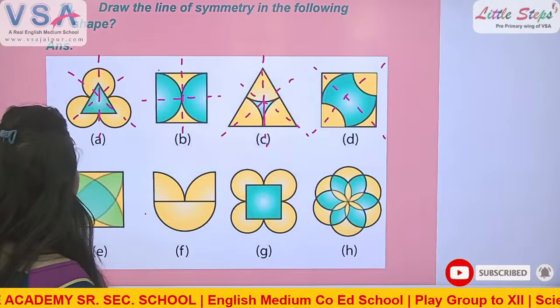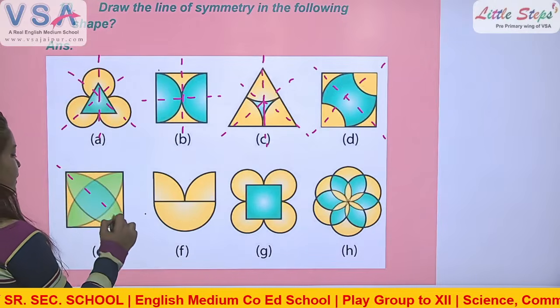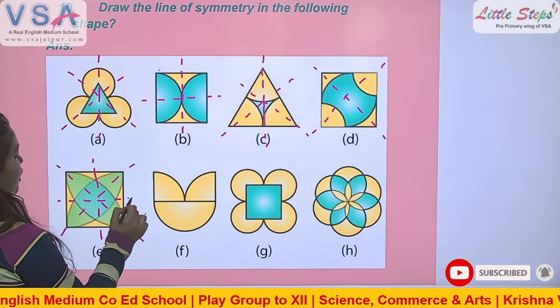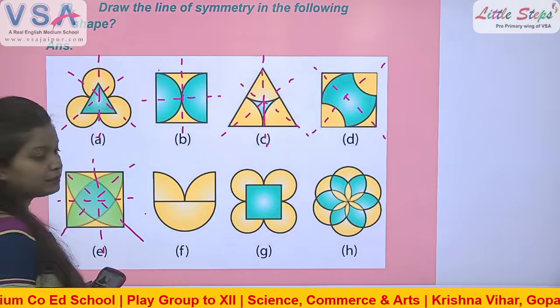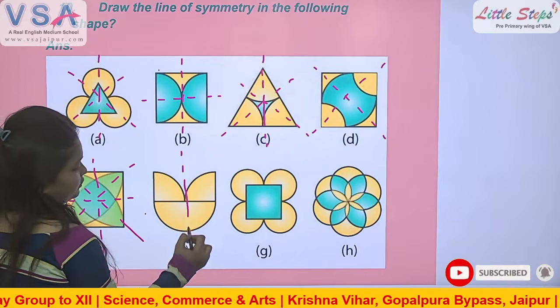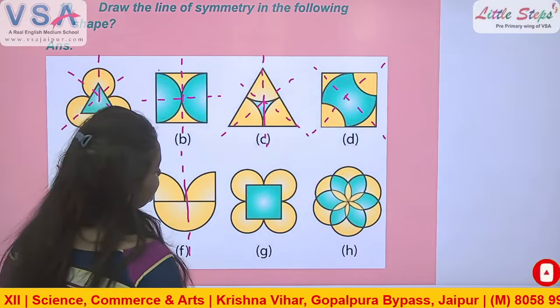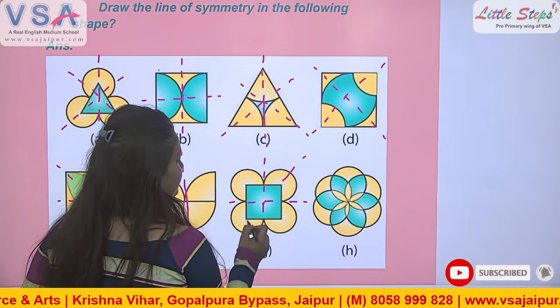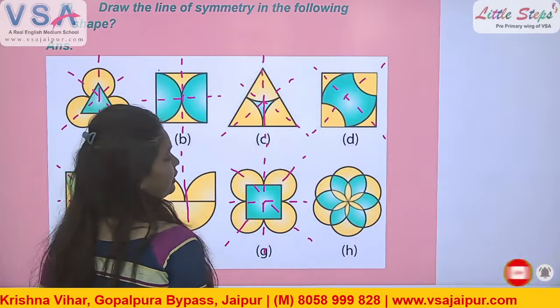Again we can do this by 4 lines of symmetry from horizontal, vertical and both the diagonals. The figure F is divided by only 1 line of symmetry. That's all. In G we can divide it by 4 times, diagonals and horizontal and vertical.